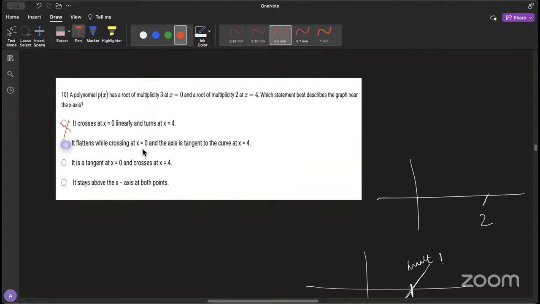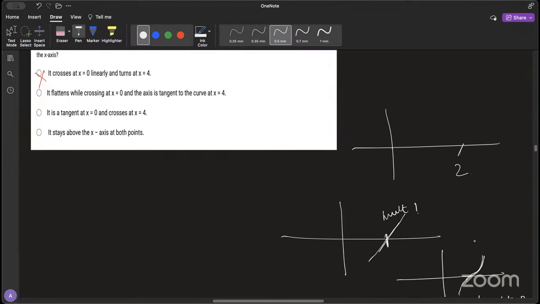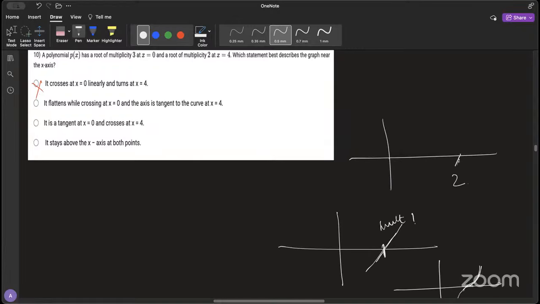Then, it flattens while crossing at x equals 0 and the x-axis is tangent to the curve at x equals 4. Because the multiplicity at 2 is even, it should be either this or this.